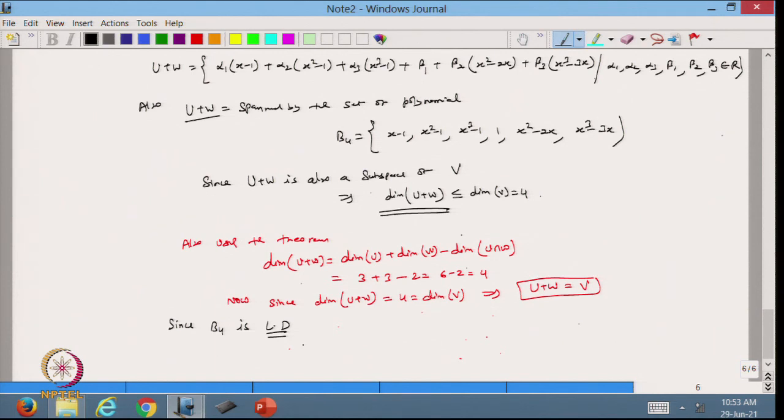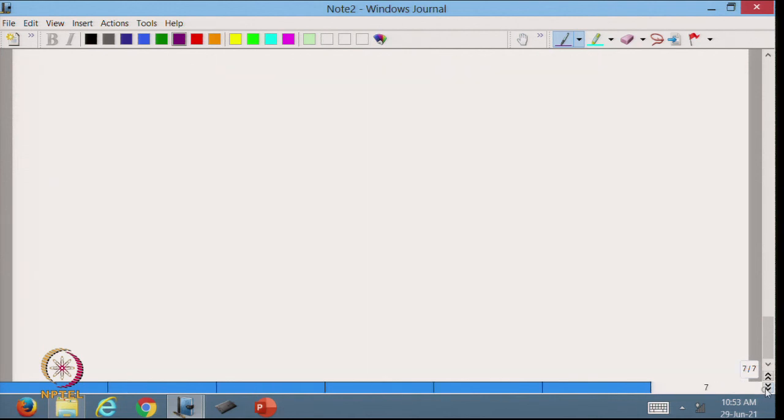The first 3 are linearly independent, which we already know, and the last 3 are also linearly independent. If I take the set x minus 1, x square minus 1, x cube minus 1 and 1, this is linearly independent. And if it is linearly independent, it means I can take this as a basis.